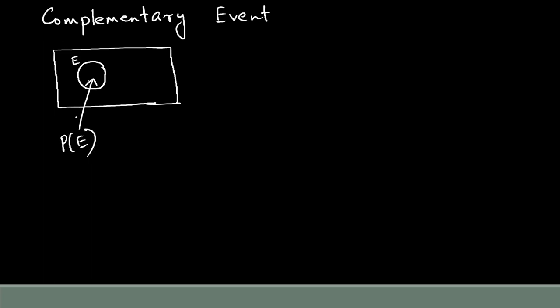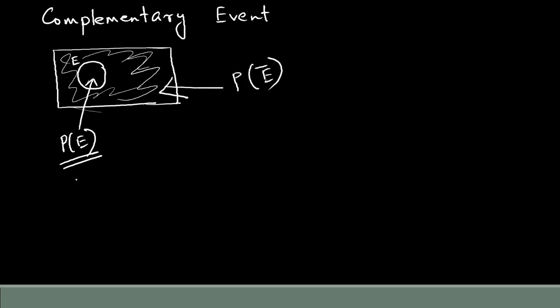For the universal set, if I add up the probabilities of all the events inside this random experiment, that will be one, right? So always remember, the total probability is always one. So if this is the probability of E, the rest of the part will be the probability of E complement. Whatever is outside event E, all the other outcomes, we put under the umbrella P of E bar. That is called the complementary event.